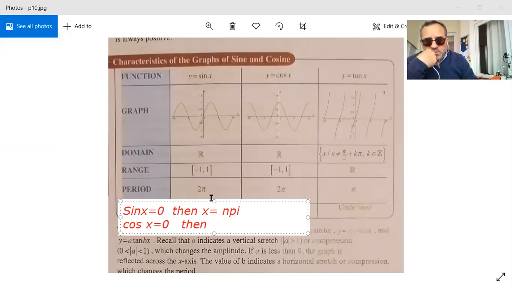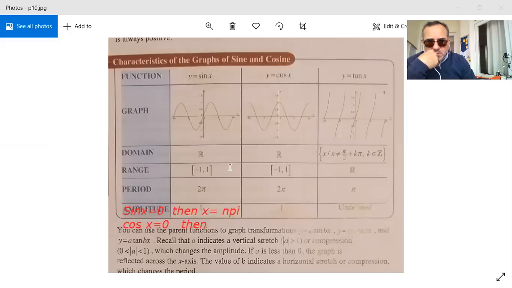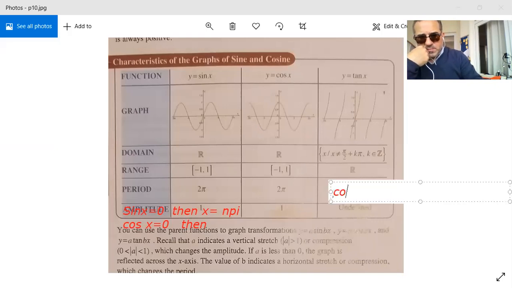For cosine equal to 0, cosine x equal to 0 if x equal to pi over 2 plus n pi.